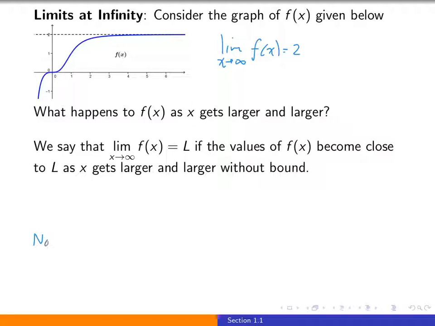And note, if you recall from a previous pre-calculus type course, this is equivalent to saying that the horizontal asymptote is the line y equals L, or in the above example the line y equals 2.